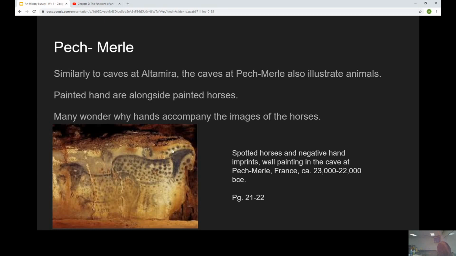Many wonder why they have hands along with the horses. Like I said, a lot of people think that it might have been like, this is my horse. So they had the hands with them. But we do have the negative images of the hands, which is interesting. This one is, by the way, in France. A lot of the cave complexes that we're going to be looking at are from France. This one is 23,000 BC, so older than the last cave complex.